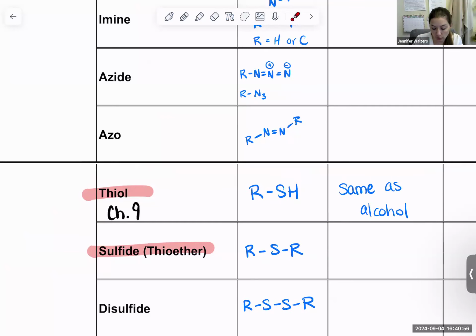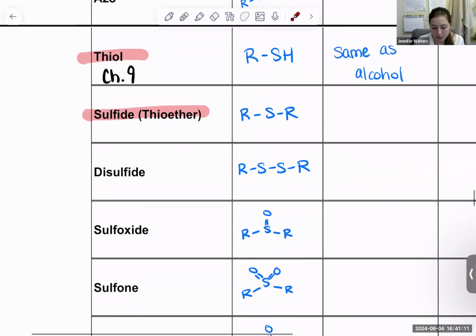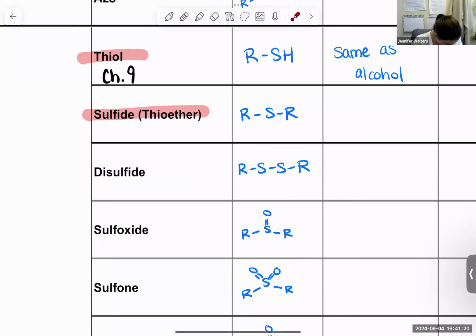It's just sulfur has replaced the oxygen. So it's a thiol. Our thioether or sulfide is where you have sulfur and carbon on either side. So sulfur is replacing the oxygen in the ether, and you get your thioether. Disulfide is where the two sulfurs are connected to each other. This is really important in biochemistry where you get disulfide bonds in your proteins.